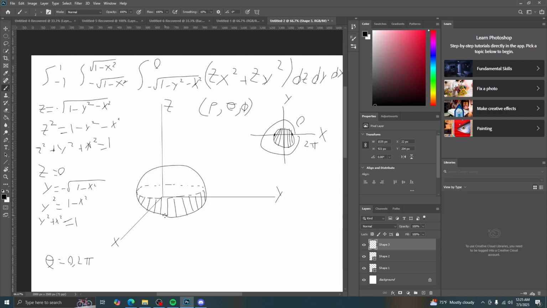Okay, and so because of that, the minimum phi could be is 0, because phi equals 0 is right here. It's on the positive z-axis. If you have a line here, this would be where phi equals 0. It's the same thing as theta equals 0 along the positive x-axis.